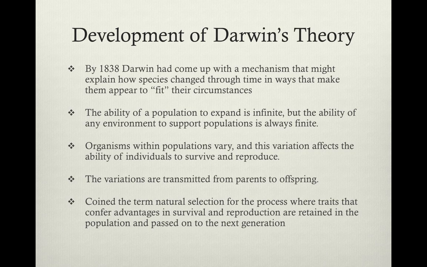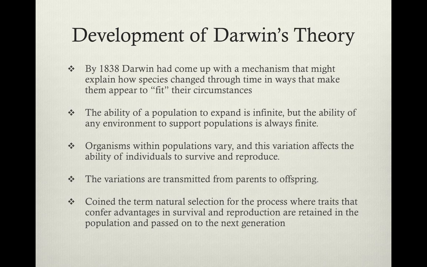And so this brought up that component of heredity and these kind of discrete units of inheritance that may influence how natural selection operates. And so Darwin coined the term natural selection for the process where traits that confer advantages in survival and reproduction are retained in the population and passed on to the next generation.